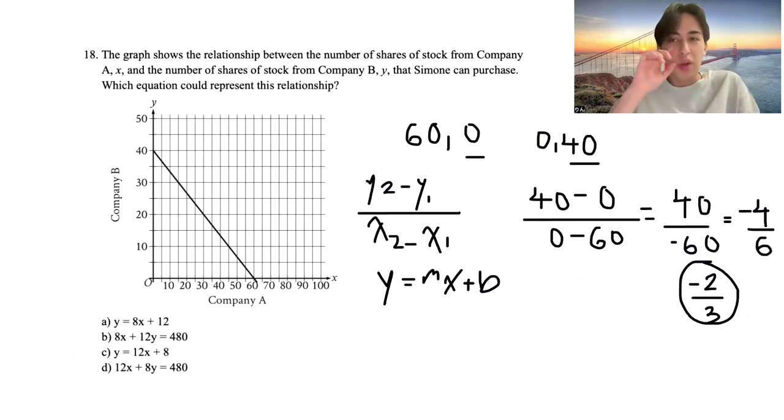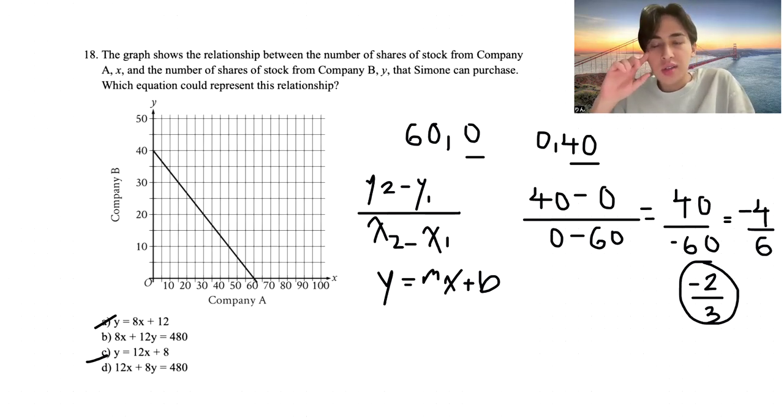We already know that from the start because the graph is facing down. So that means that A and C cannot be your answers. The reason is that the slope shown is positive. You have positive 8 here and positive 12 here.